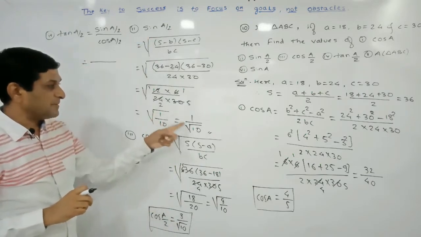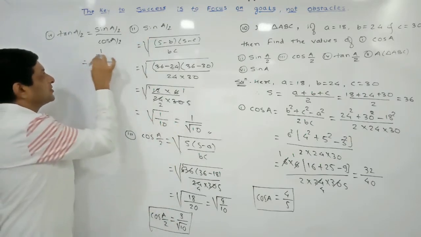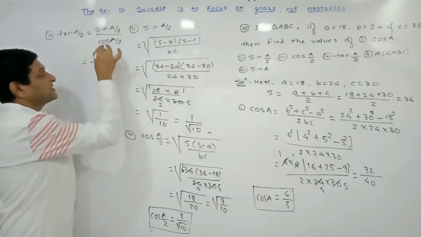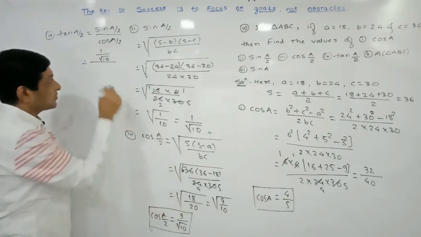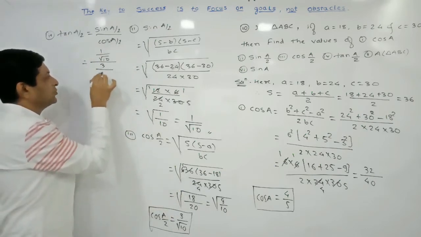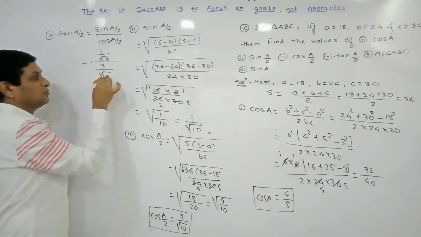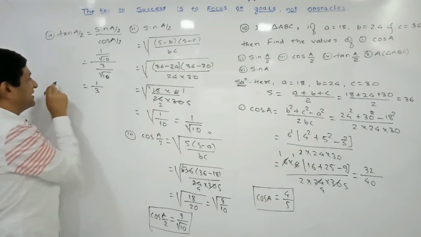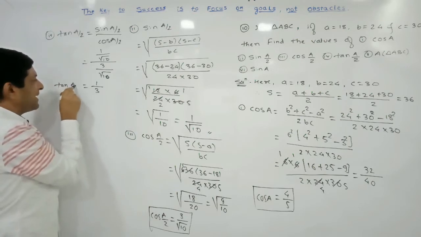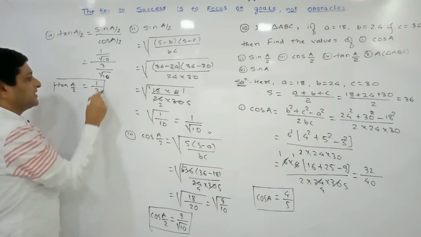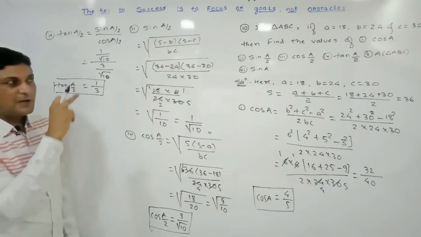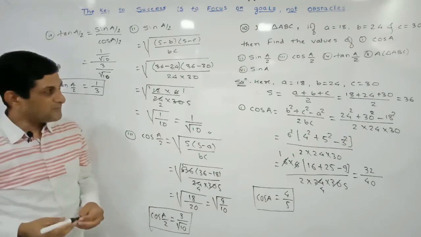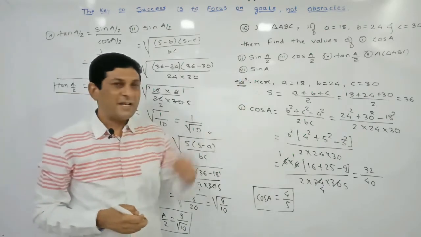What is the value of sin A by 2? 1 upon root 10. And what is the value of cos A by 2? Just now we have got its value, 3 upon root 10. After cancelling root 10 from numerator and denominator, the remaining numbers are 1 by 3. Means the value of tan A by 2 is equal to how much? 1 by 3. Now our next required value is the area of triangle ABC and the value of sin A.